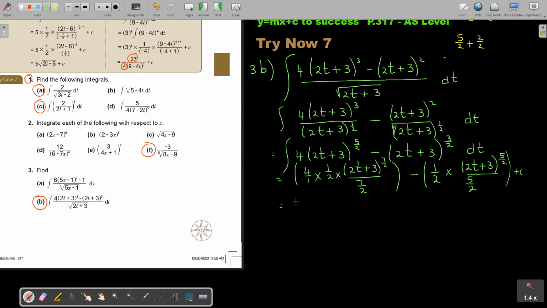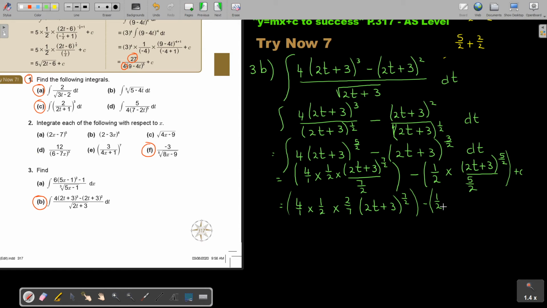Okay, I'm just going to make it a little bit long, but it's 4/1 multiply 1/2 multiply this reciprocal 2/7, and then it's that 2t plus 3 to the 7/2. Okay, again, as I said, I'm putting a little bit extra steps.